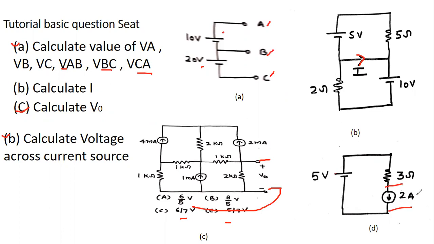Assume the voltage across this as V0 and find the voltage across this current source. These are the basic concepts. For building the concept, you do not need to solve a large number of problems. Just get the concept, and if you know the concept, you can easily solve the problem.